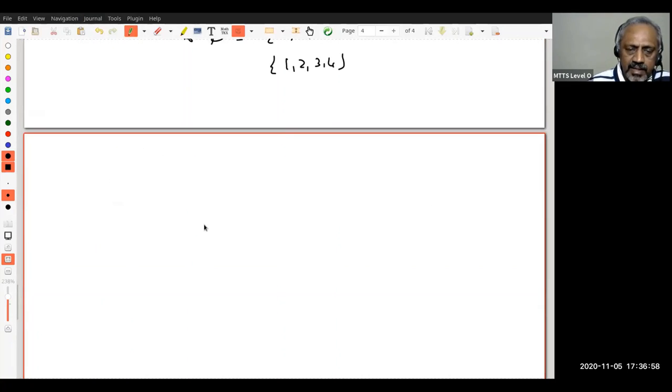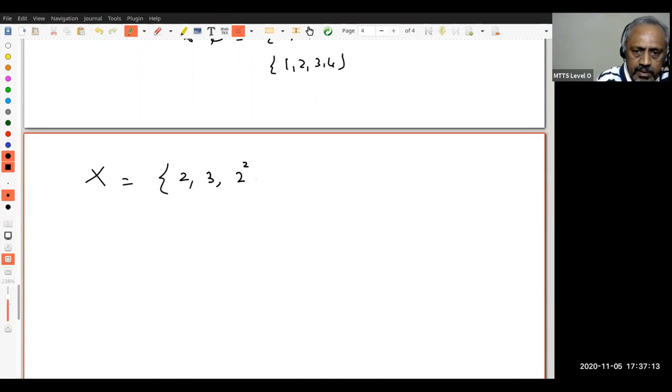But let's look at a slightly non-trivial example in terms of number theory. Now let my set X consist of all numbers of the form 2, 3, 2 squared, 2 times 3, 3 squared, and so on.